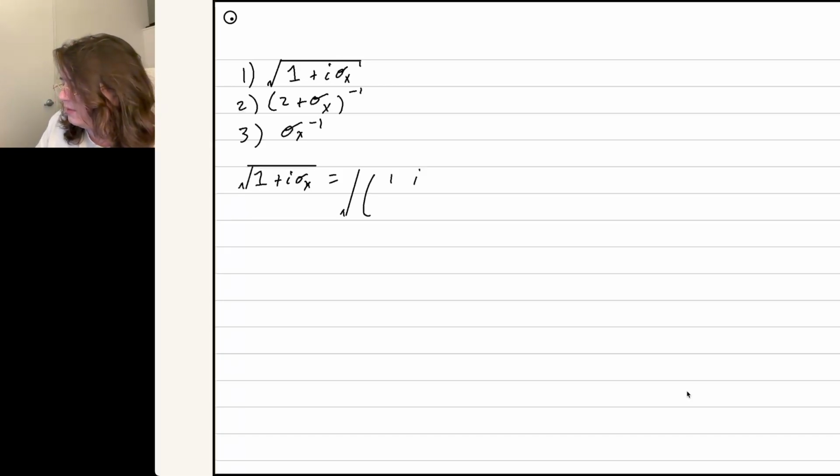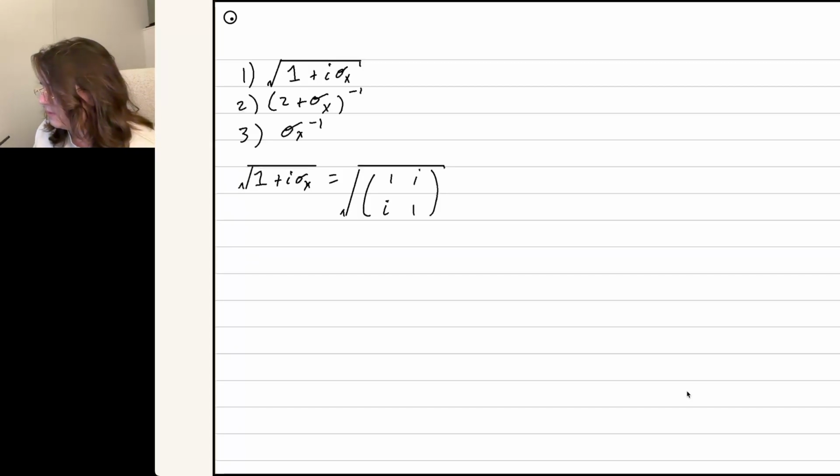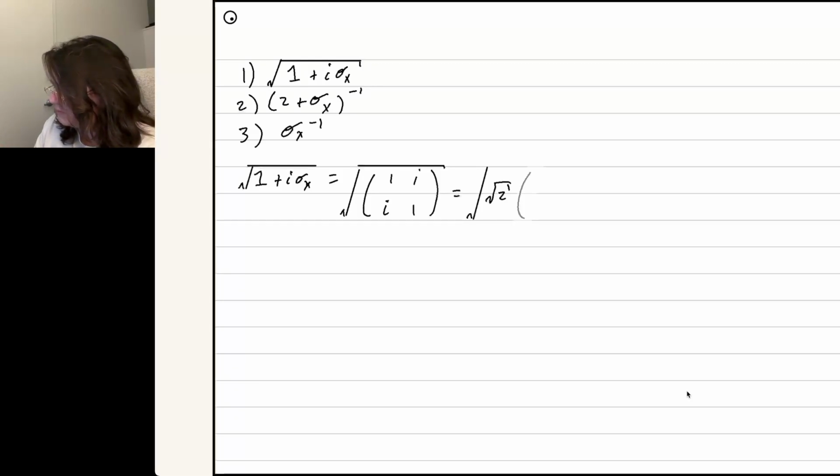1, i, i, 1 under a radical. And so the way that you want to do this is you first want to factor out a root 2 from the elements of the matrix. And then this is going to become something really big and gross looking.